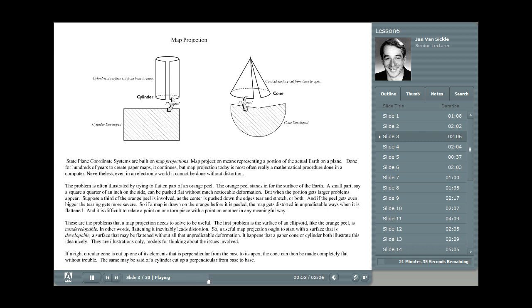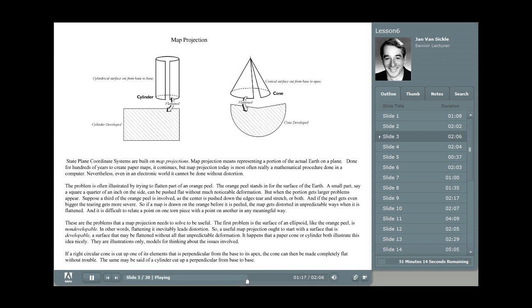The problem, as I say here, is often illustrated by trying to flatten part of an orange peel. If the orange peel stands in for a part of the surface of the Earth, a small part can be pushed flat without too much deformation. But when the portion gets large, flattening it inevitably leads to tears and stretches and a distortion.